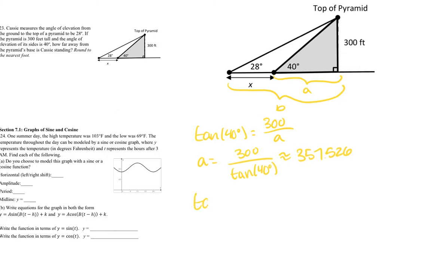And then let's solve for B. Tangent of 28 degrees is equal to 300 over B. Solving for B, we end up getting 300 over tangent of 28 degrees, and this is approximately 564.479.